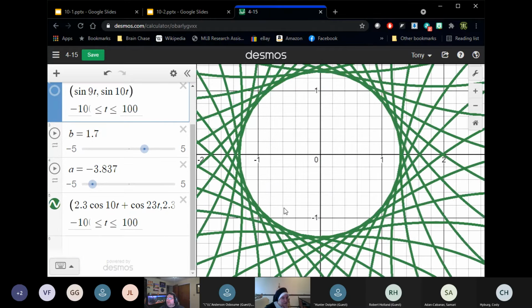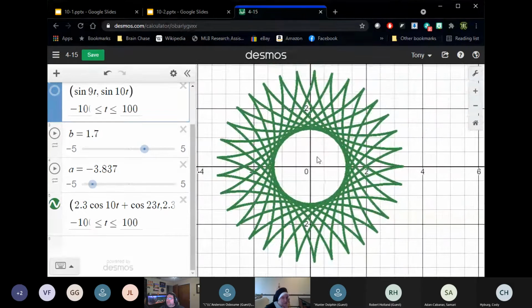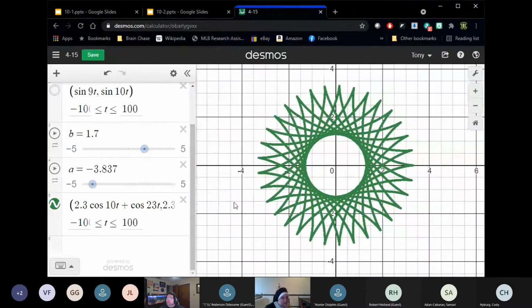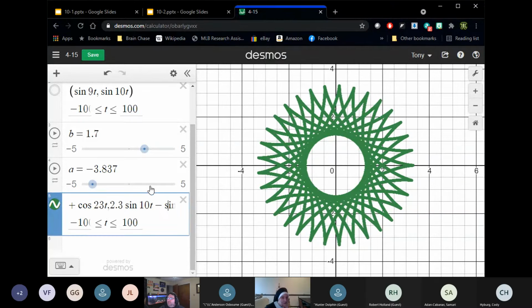All right, let's look at one more. So this is another cool little graph. In this one, we're actually adding two cosine functions together. And in the other one, we're adding two sine functions. So we get that cool graph out of there.